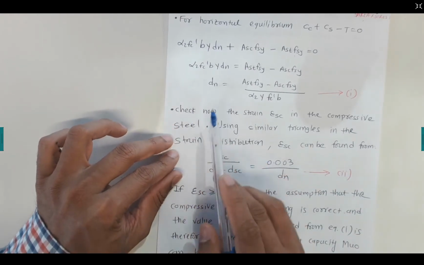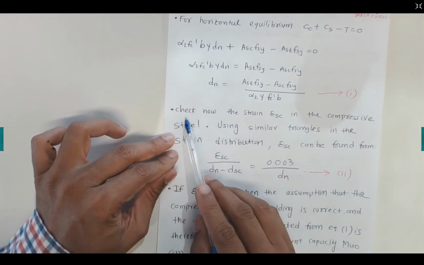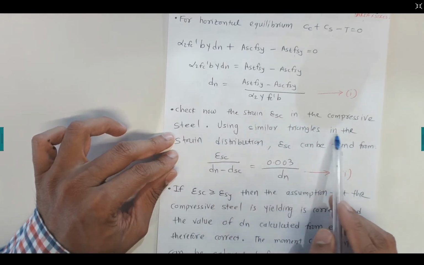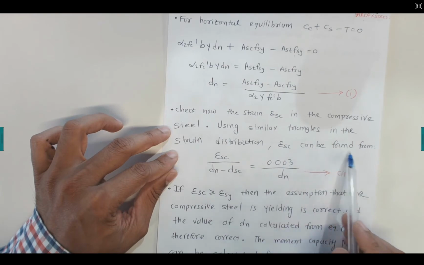Now for this dn value we need to do some checks. First, the compression strain epsilon sc. Using similar triangles in the strain distribution, epsilon sc can be found.